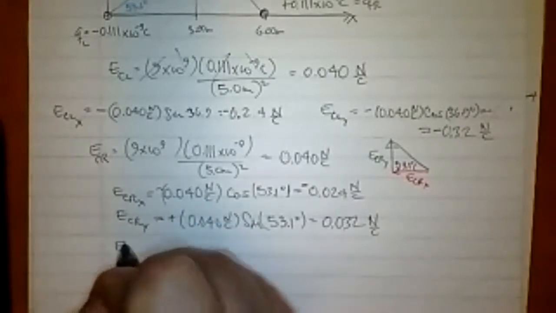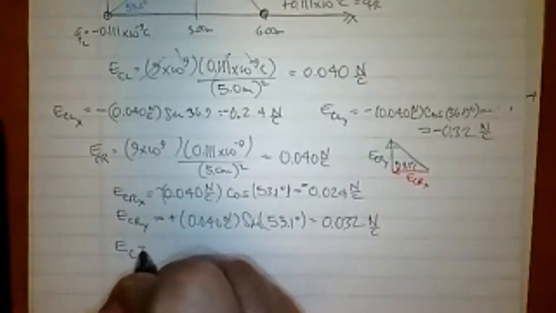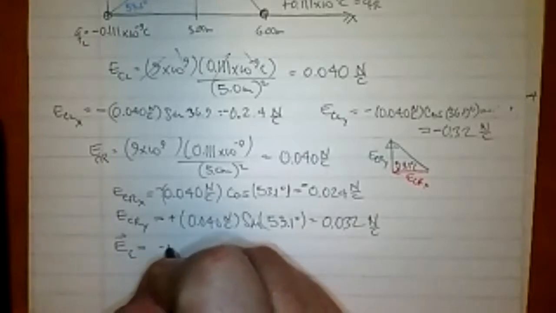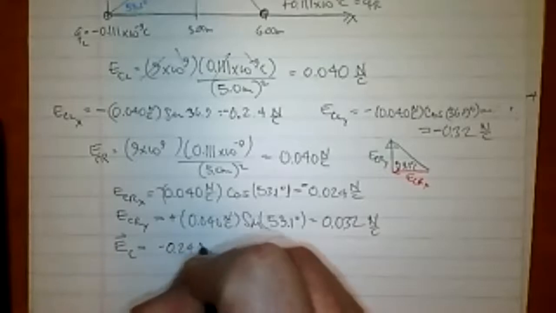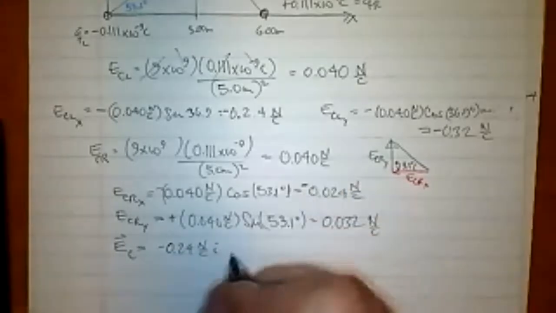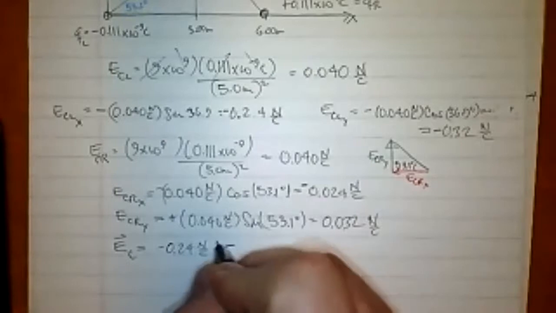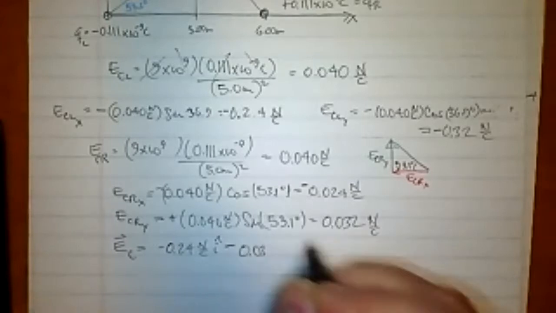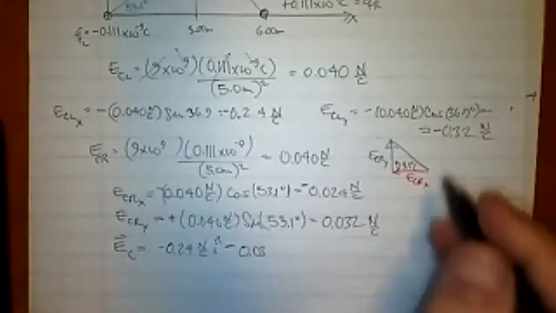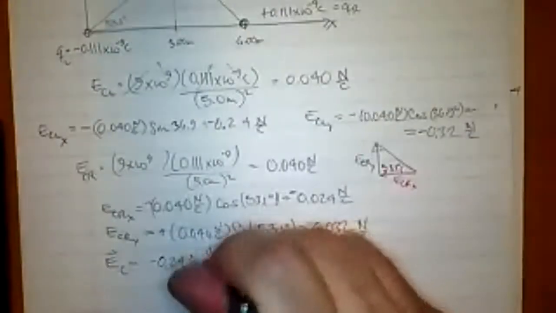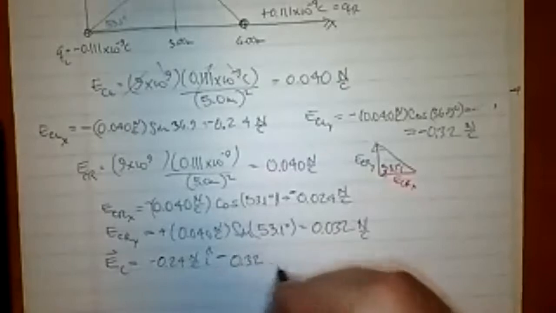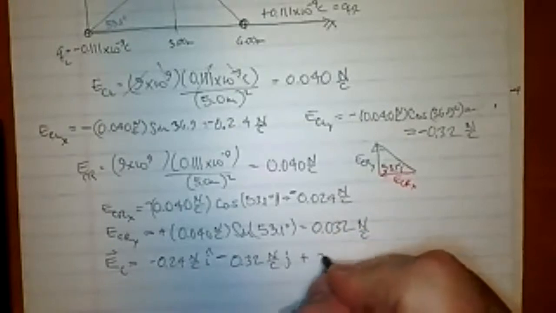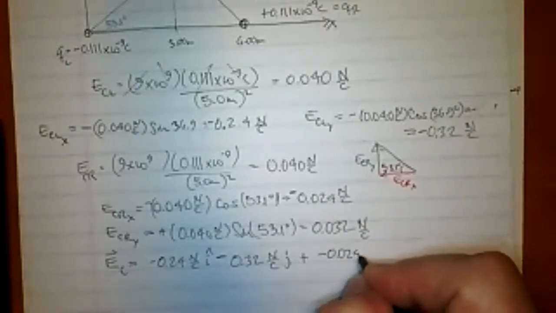So really the total electric field, E center, is equal to, now I'll take the x component, which is negative 0.24 newtons per coulomb, I hat, minus 0.32 newtons per coulomb, J hat, plus negative 0.024.